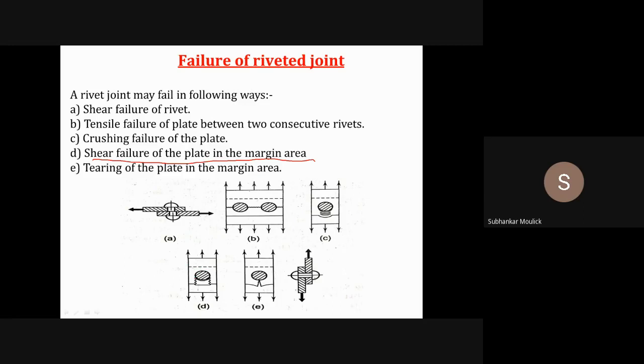This is the rivet hole, and this is that margin, that means the region of the plate which is nearer to the rivet. Then the shear failure of this margin can take place due to axial load on both the plates. Is it clear?